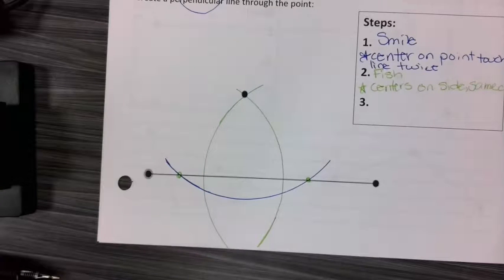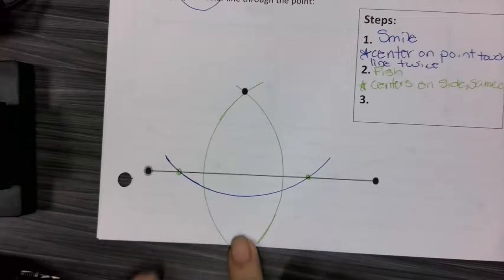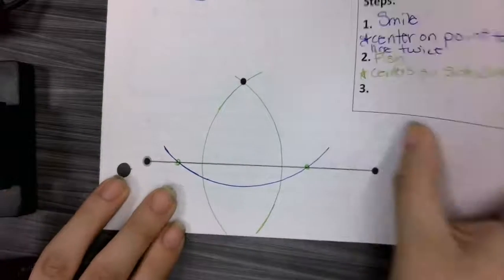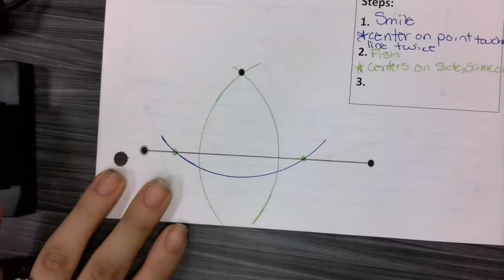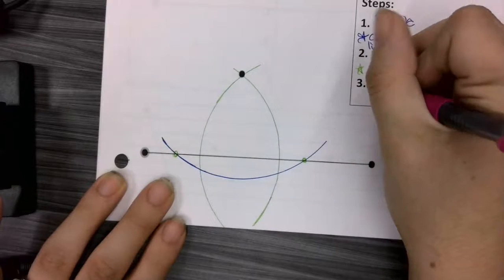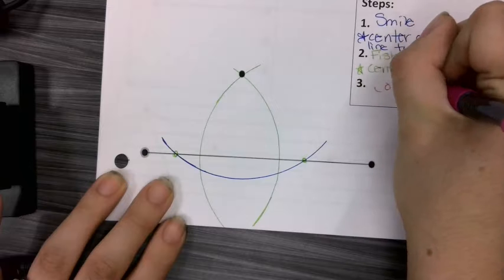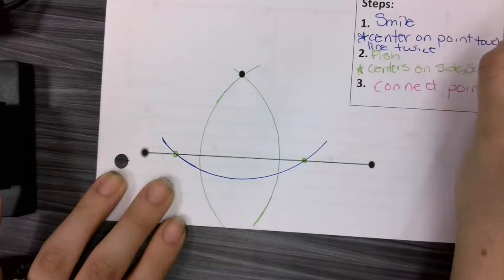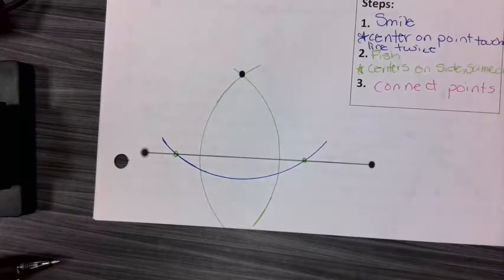Mine is a little too big, it goes off the paper. But if it did, there would be a crossing point down here, where it would also be crossing like that. And I want to connect my points.